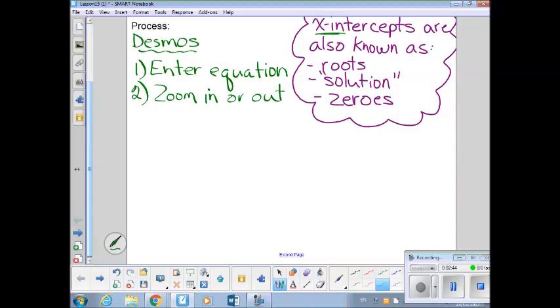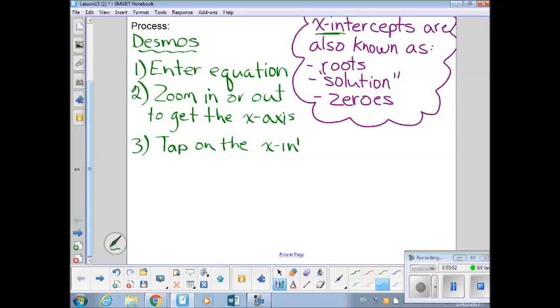We zoom in or out to get the x-axis. And very simple with Desmos, all we need to do then is tap on the x-intercept(s). I'm going to put in brackets the s because depending on what polynomial you have entered, you might have no intercepts, you might have 1, you might have 5.